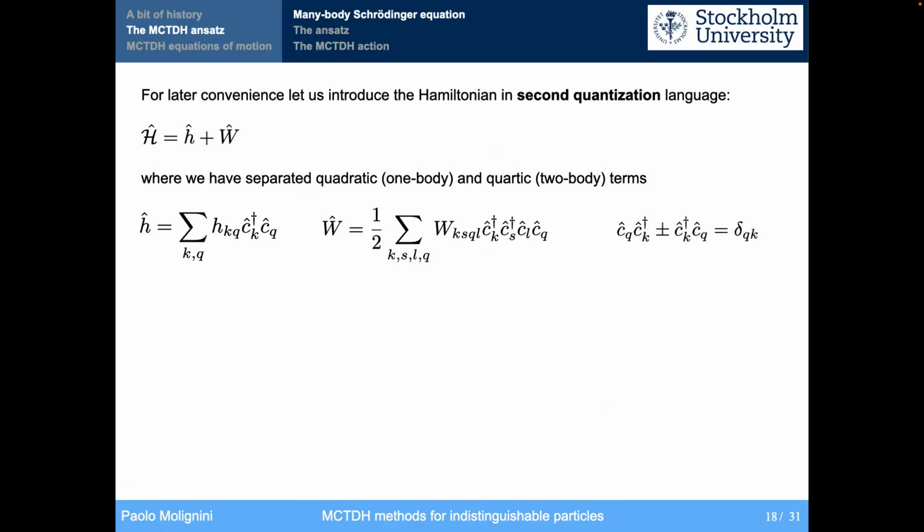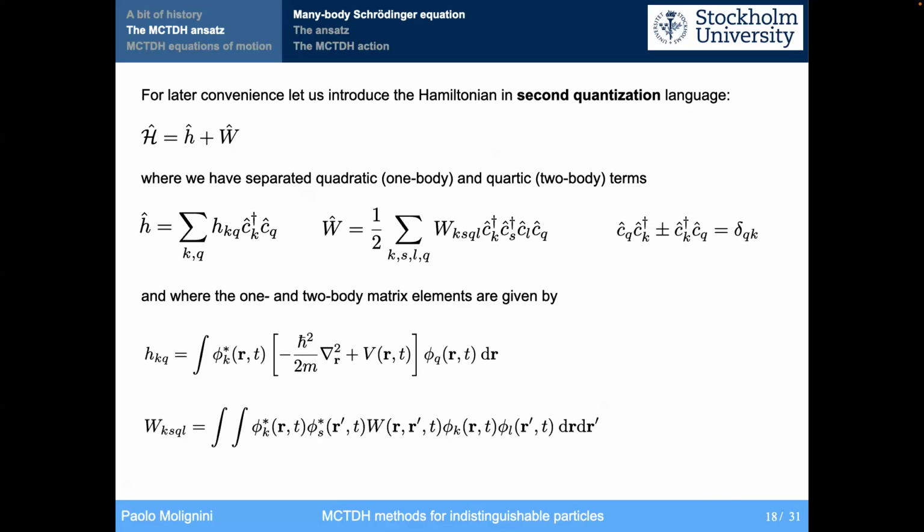The operators are denoted here by a hat. So c_k dagger c_q is the one body part, and then here we have a quartic term with four operators. And the operators obey either bosonic or fermionic commutation or anti-commutation relations, which are written here.